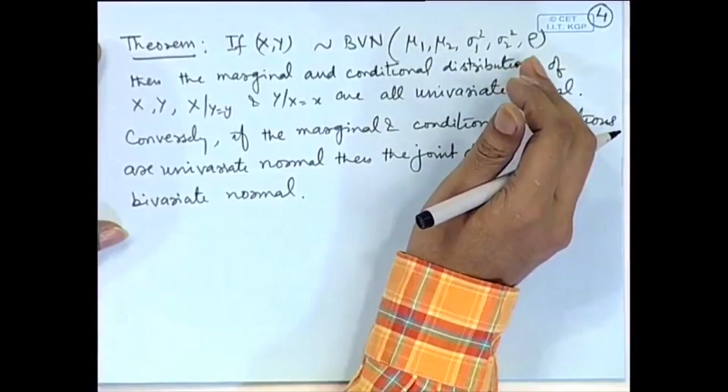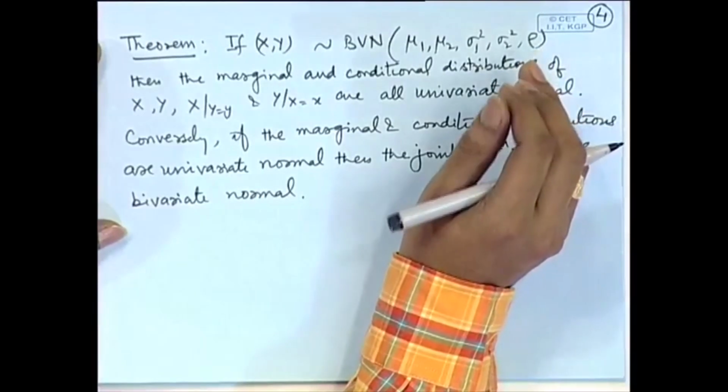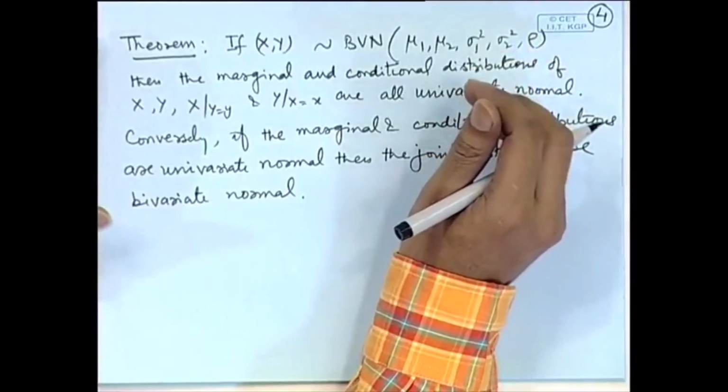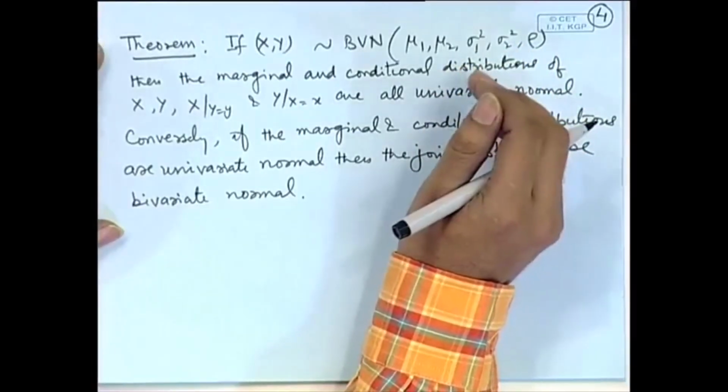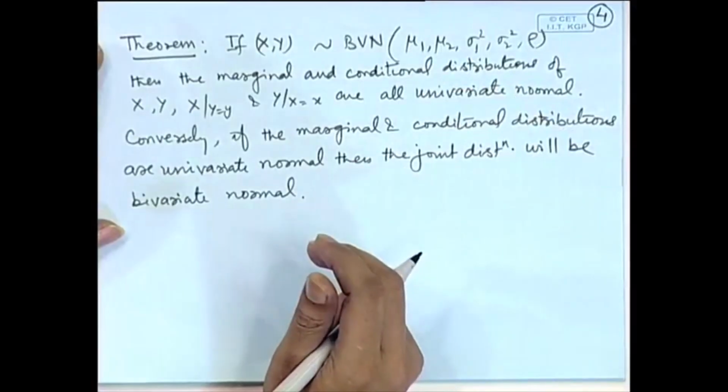By a standard bivariate normal distribution, we mean mu 1 is equal to 0, mu 2 is equal to 0, sigma 1 square and sigma 2 square are equal to 1, but rho will still be there, and therefore, several tables will be required, which will be related to the joint probabilities of the bivariate normal distribution.